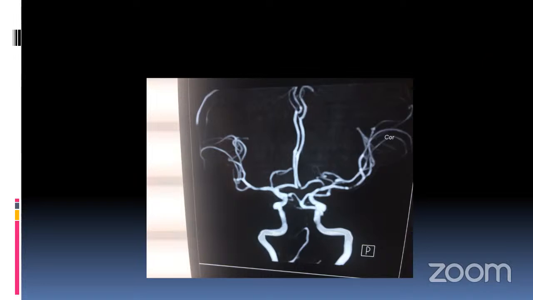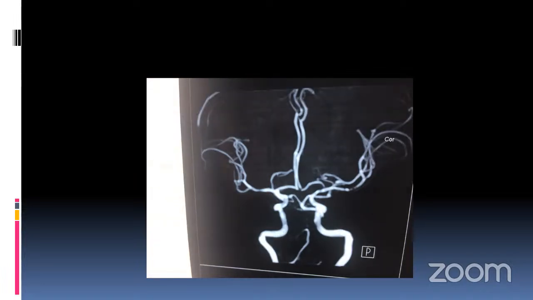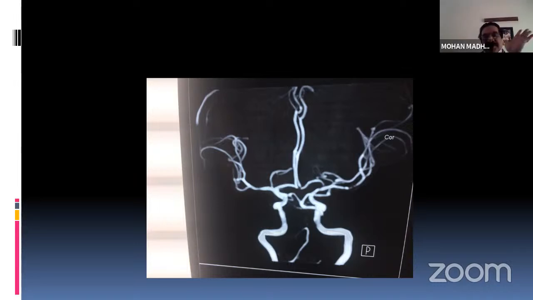But persistent trigeminal sometimes takes a particular sigma sign. No, that is not there. Because if we proximally trace the basilar, it appears as if it is in one view it is very difficult to comment, but it appears as if it is coming from. I don't know. I might be wrong. I have already seen the lateral also.